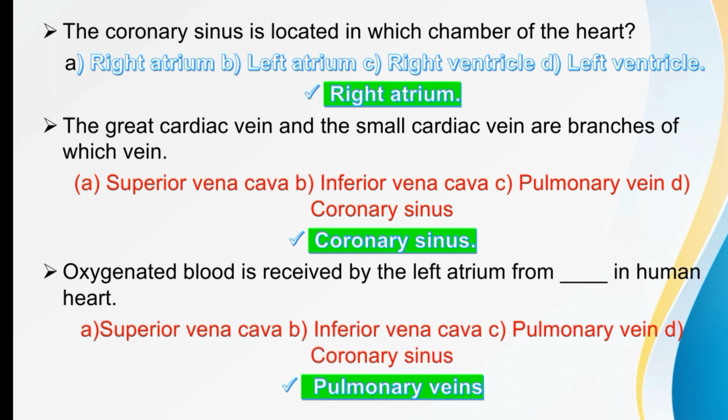Oxygenated blood is received by the left atrium from dash in humans. Superior vena cava, inferior vena cava, pulmonary vein, or coronary sinus. So oxygenated blood is received by the left atrium from the lungs through the pulmonary veins. The right option is pulmonary veins.